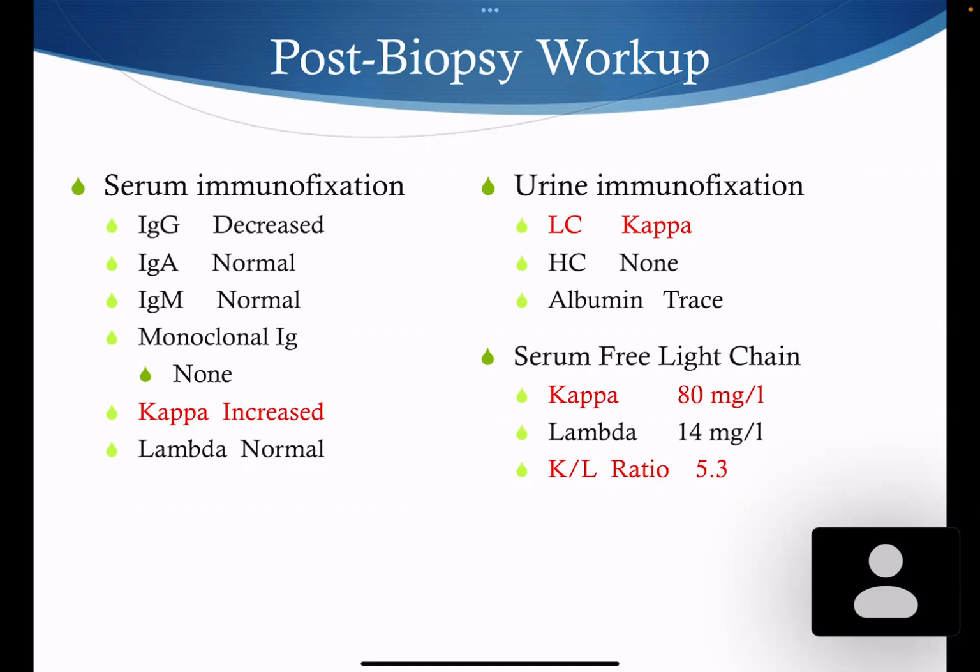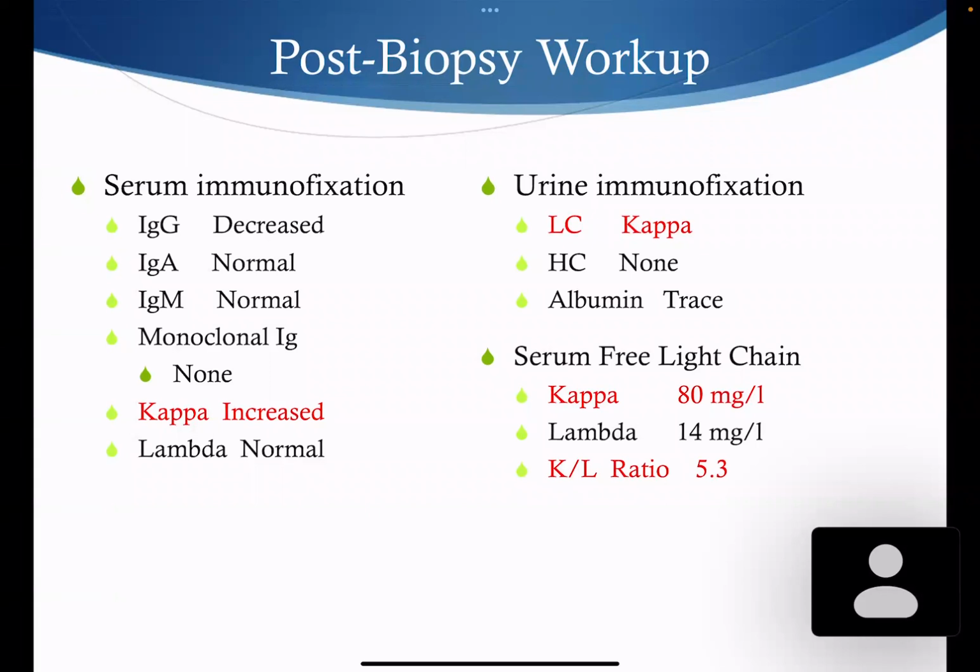And the urine immune fixation again showed a kappa pattern. And more importantly, the serum free light chain showed increased kappa out of proportion to lambda. And this gives you a kappa lambda ratio of 5.3, which is pretty high.